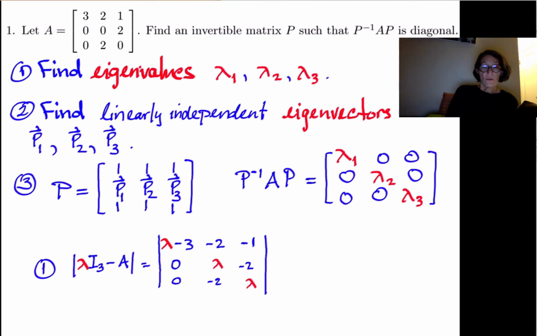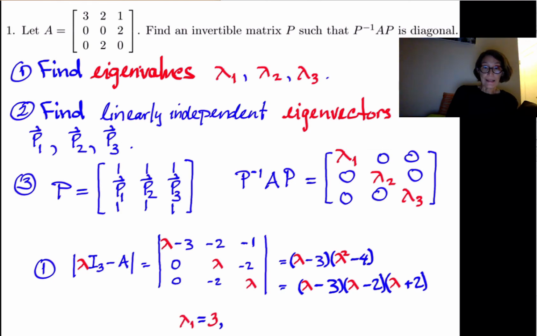Now finding the determinant is easy because we can go down that first column, since it has 2 zeros in the first column. So the determinant is going to be lambda minus 3 times the determinant of the 2 by 2, lambda squared minus 4. And if we factor it completely, it's lambda minus 3 times lambda minus 2 times lambda plus 2. And we get 3 distinct eigenvalues.